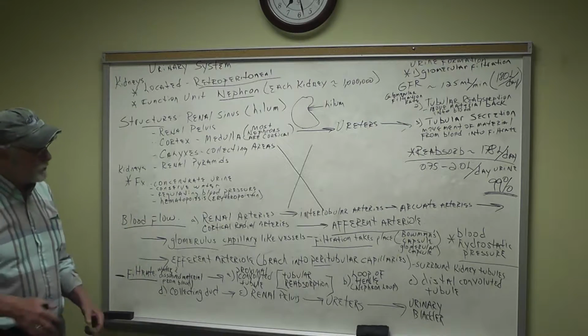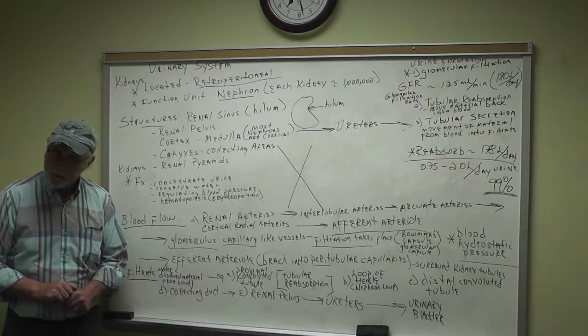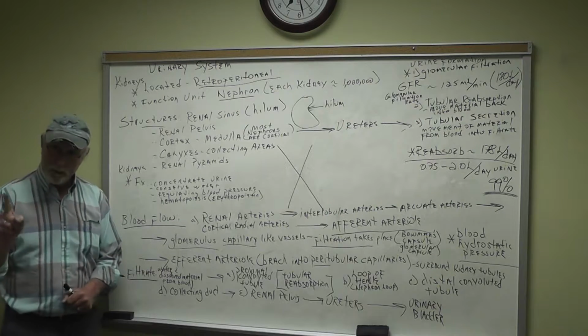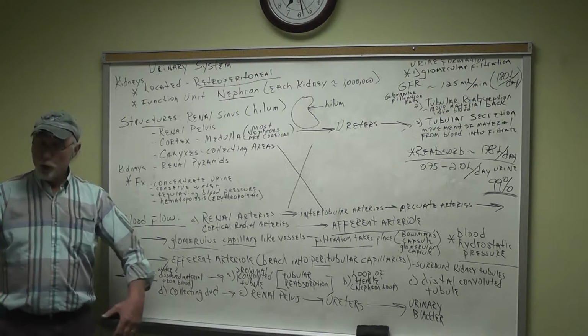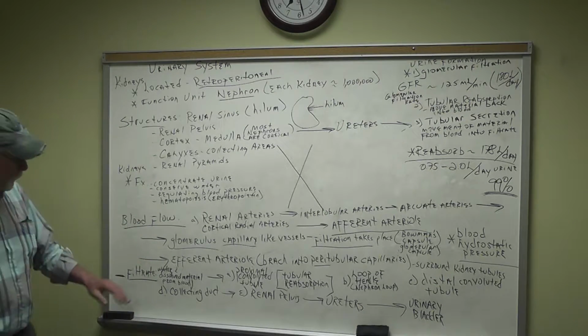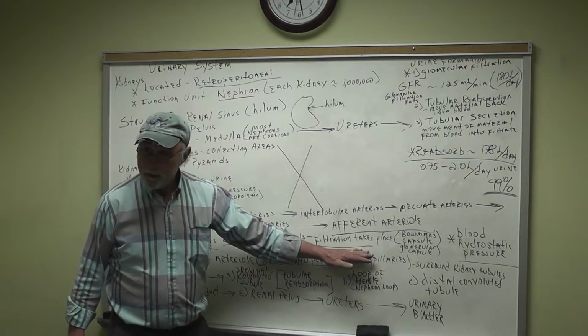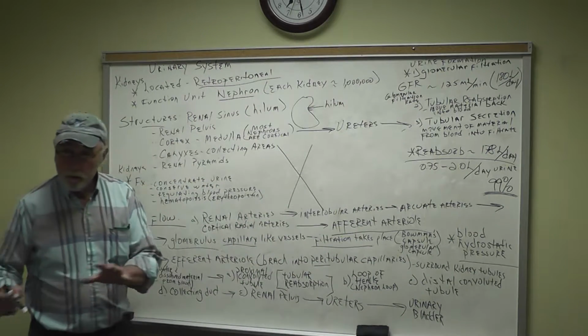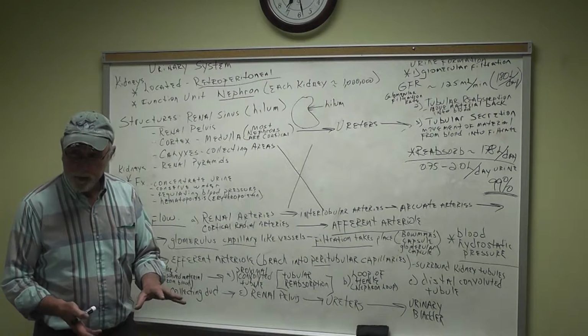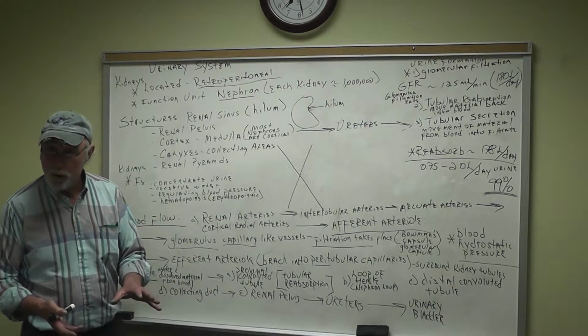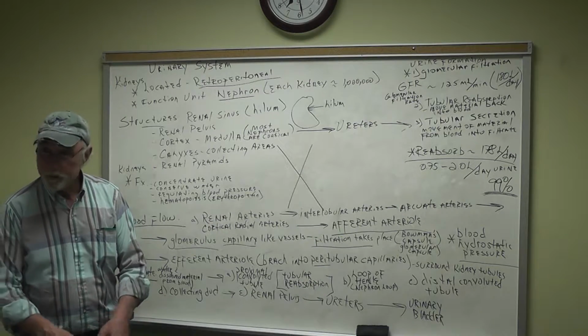If you start seeing sugar in your urine, what are you thinking about? Diabetes mellitus, yes, because your blood sugar's too high. You've squeezed it out in the filtration process, but your tubules are only designed to reabsorb so much, and then the rest ends up in the urine.